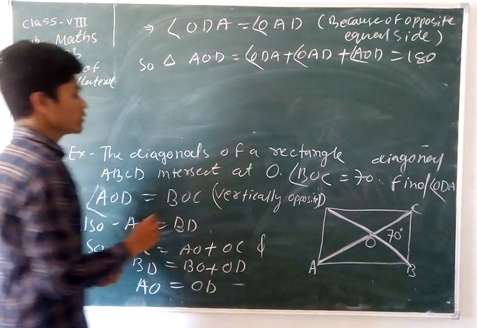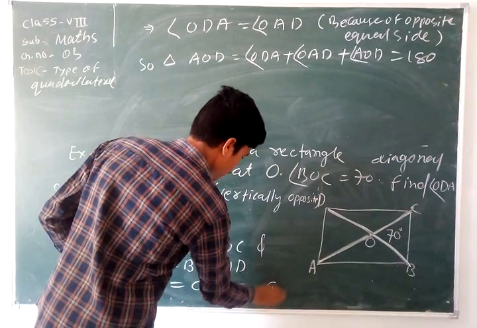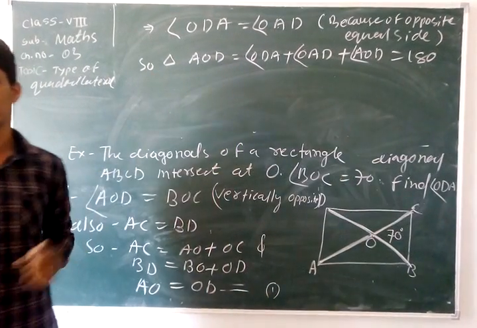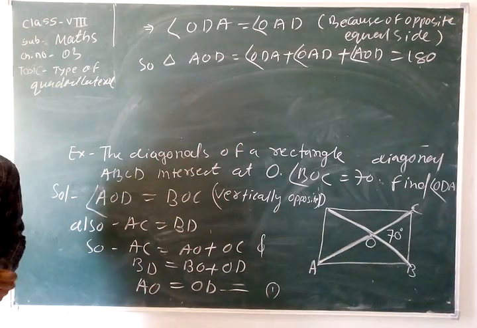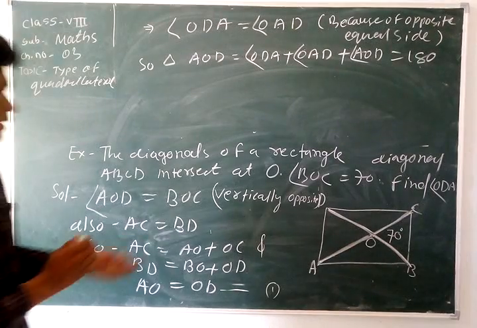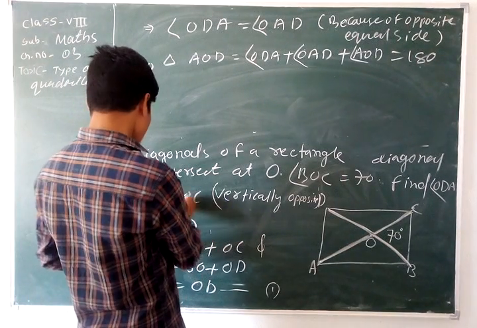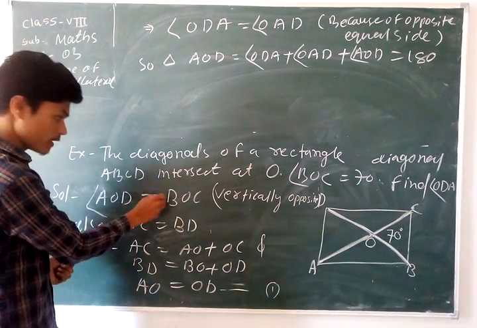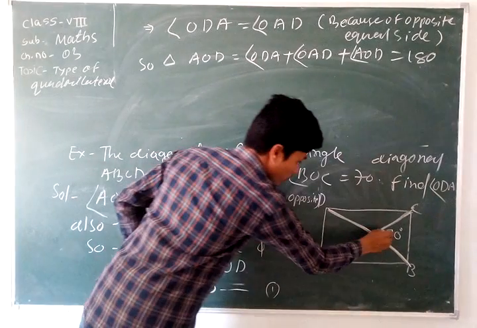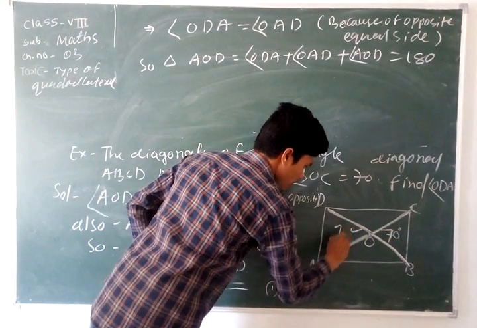So here you give this one as 2 and that one as 1. Using 1 and 2, the first one is 70. Where is the 70? Both AOC and BOD are vertically opposite. That means this one is 70 and this one also 70 degrees.